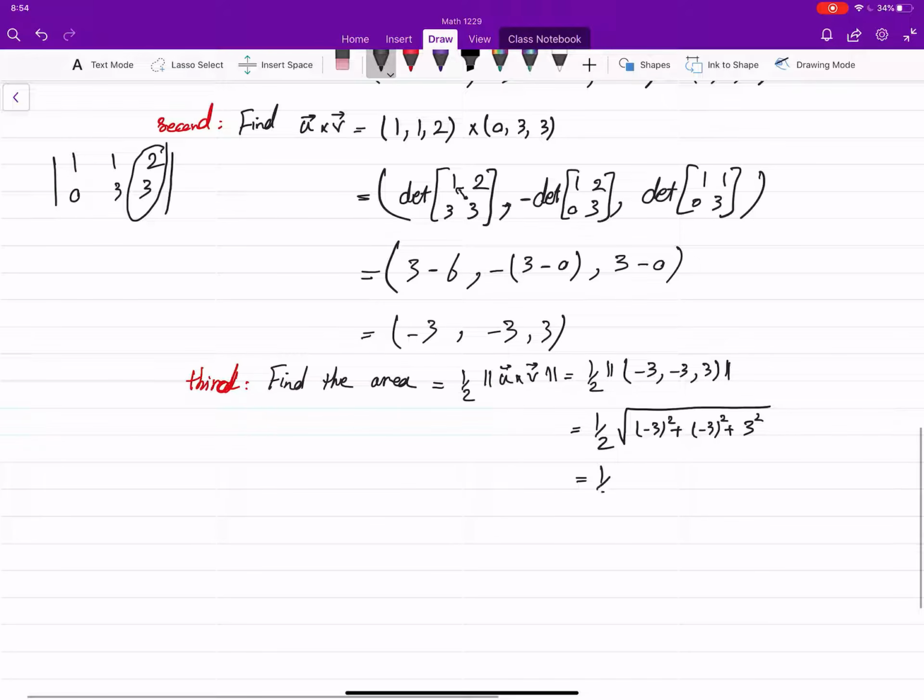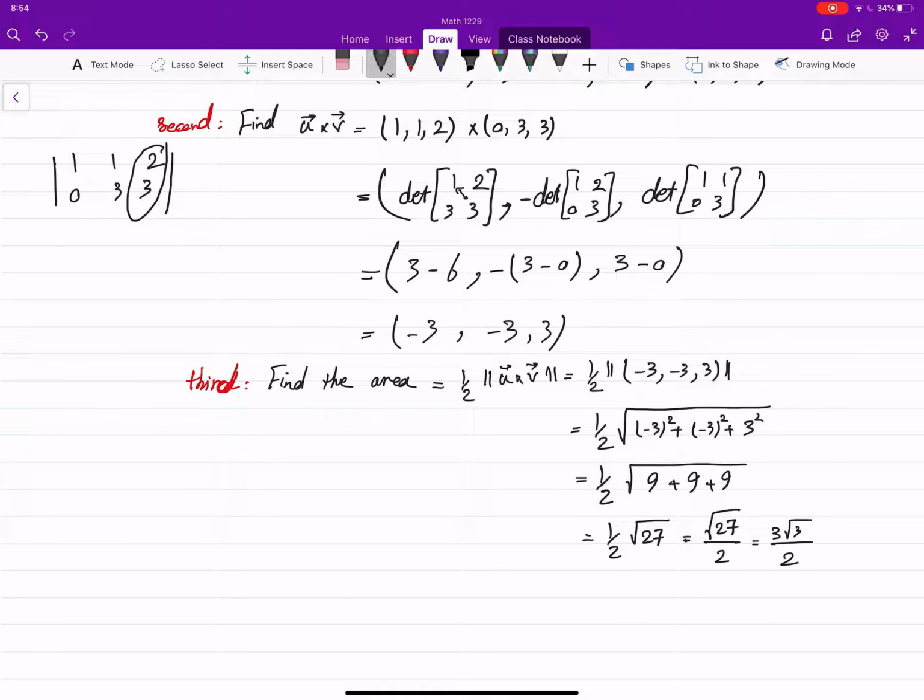This gives us half of the square root of 9 plus 9 plus 9. Well, this is half of root 27, so this is root 27 divided by 2. You can simplify a little bit. I'm not expecting you to be able to do this, but if you can, this is perfect. This is 3 root 3 over 2.